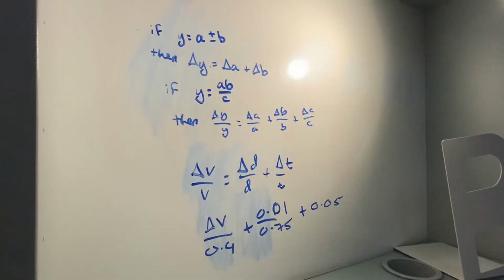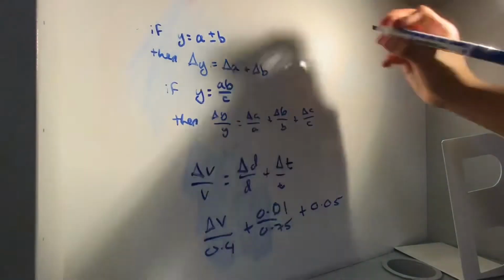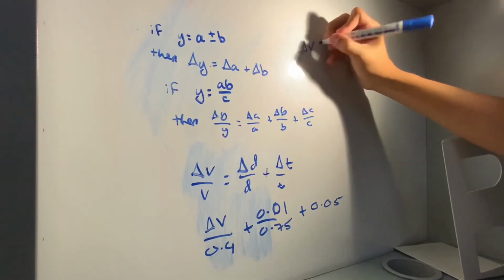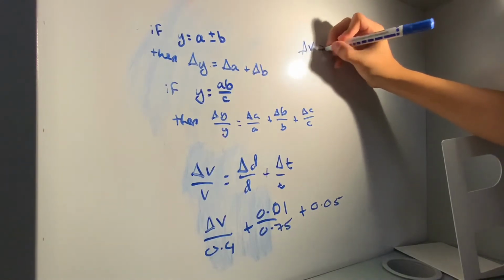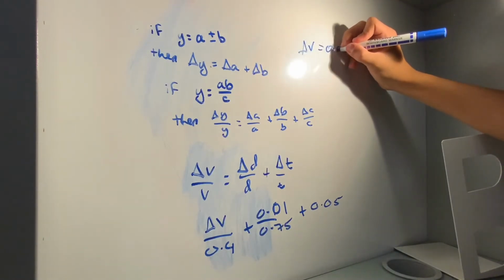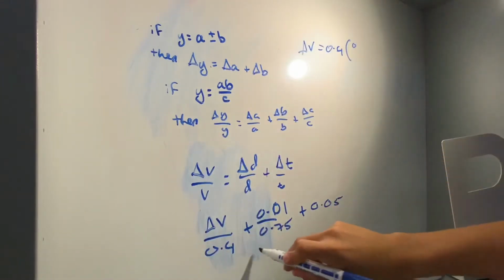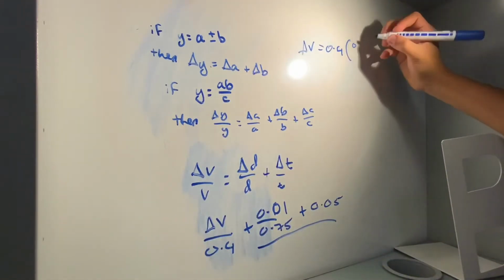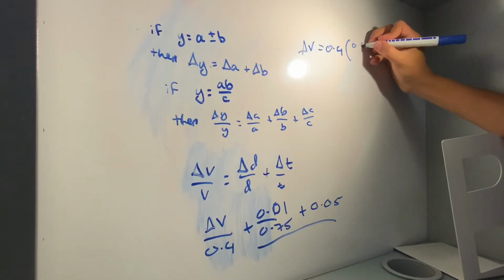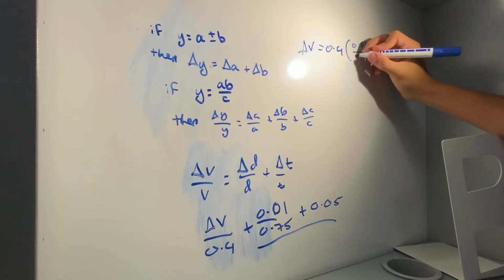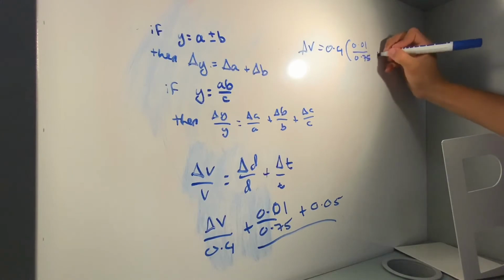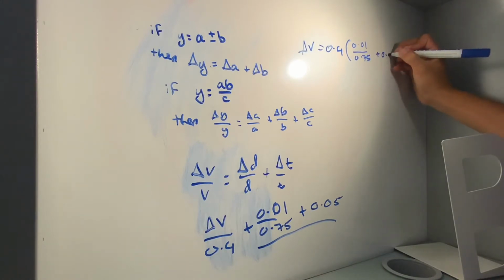And now what we do is we use algebra. So we do the change in v equals 0.4 multiplied by this, which is 0.01 over 0.75 plus 0.05.